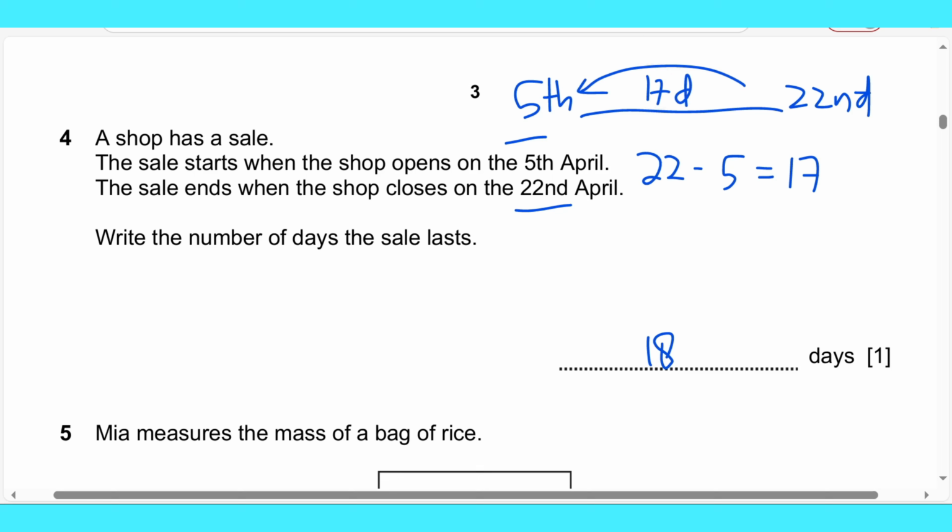Then we have to actually count the 5th itself, because subtraction only counts from 6 up to 22. So that's the reason we have to plus 1 here to get our answer 18. Let's move on.